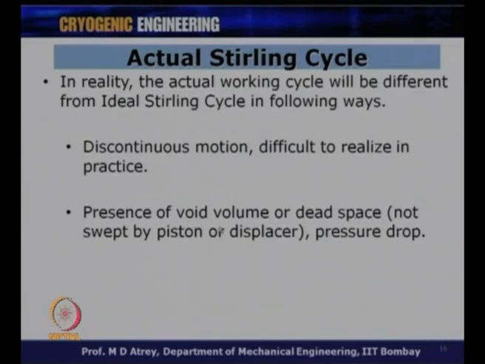In fact, the regenerator volume is also called as dead volume. All right. So, presence of void volume or dead volume is very realistically possible in case of an actual Stirling cycle. But having this additional void volume or dead volume is going to kill the COP of the machine. We have to sacrifice COP of the Stirling cycle in that case.